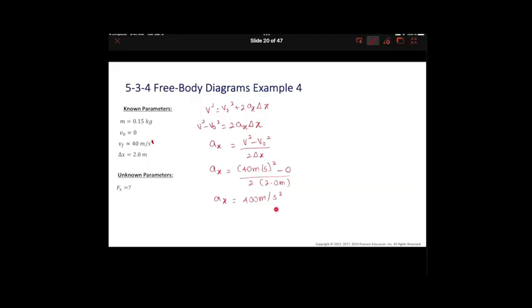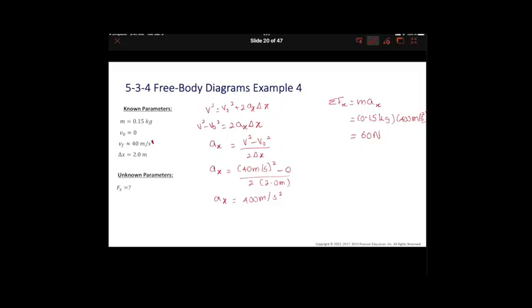Therefore we can simply use Newton's second law to find the force. So sigma Fx equals mass times ax, which is 0.15 kilograms times 400 meters per second squared, which is equal to 60 newtons.